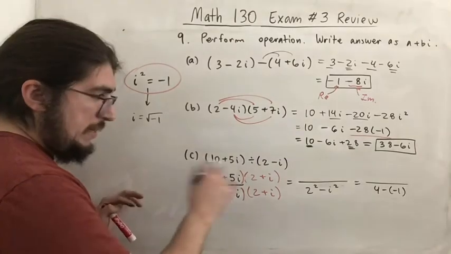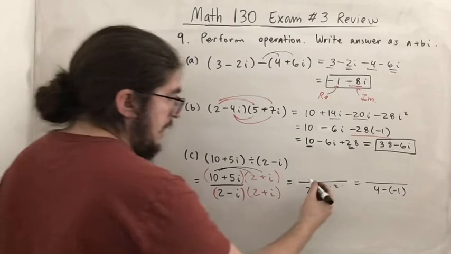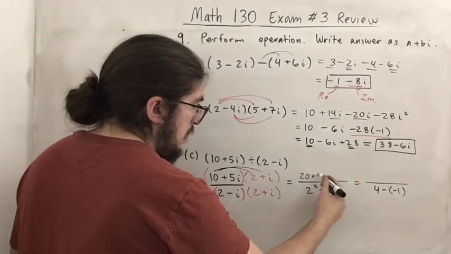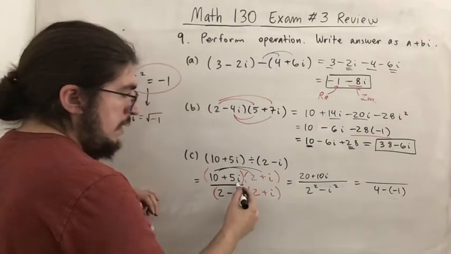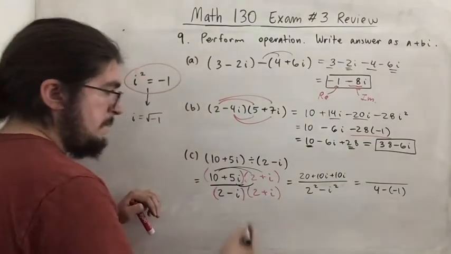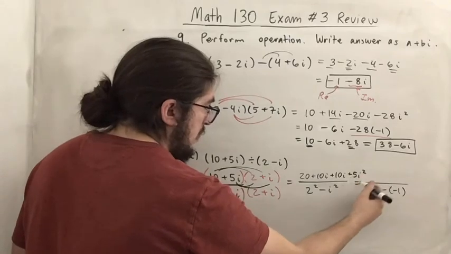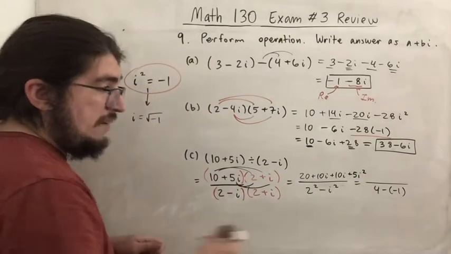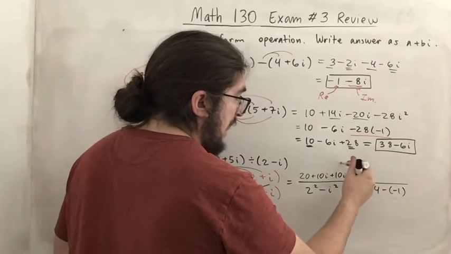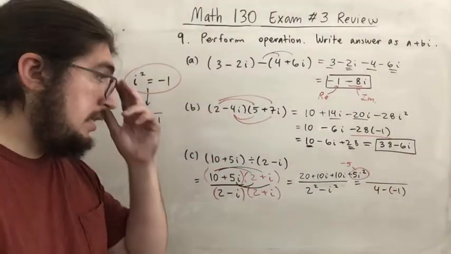Now the numerator, I'm going to take time actually foiling this out. We get 20 plus 10i, okay, 10i, and then 5i squared, so plus 5i squared. Now remember, i squared is negative 1, so this term is really negative 5. I hope you can see that. Not too hard, right? i squared is negative 1, times 5 is negative 5.